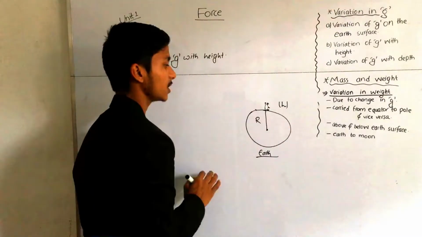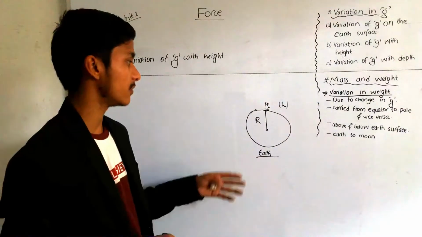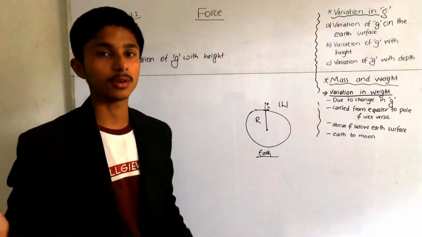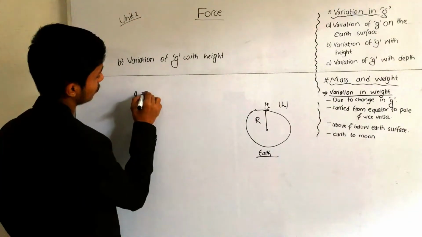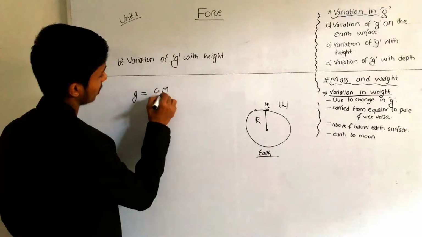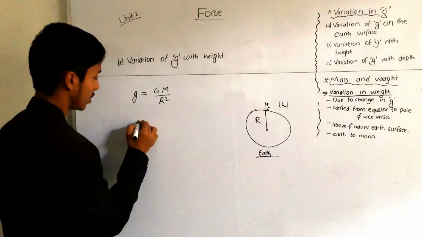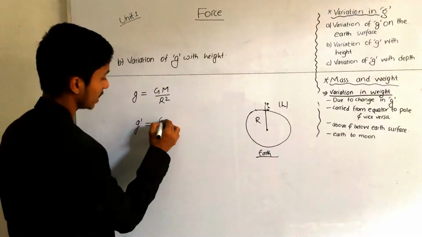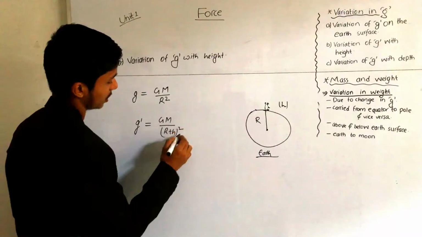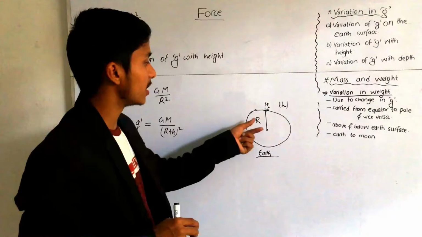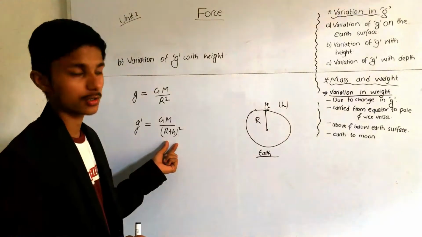Then we find the value of acceleration due to gravity when the mass and radius of the earth are given. As we know, the formula of acceleration due to gravity is capital G capital M by R squared. So now the formula will be capital G capital M by R plus H whole square, because the height is added in the radius. So this will be in the denominator.